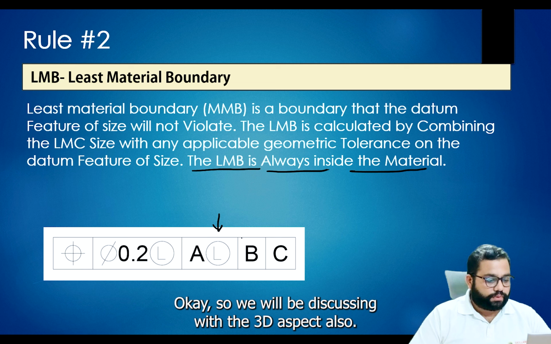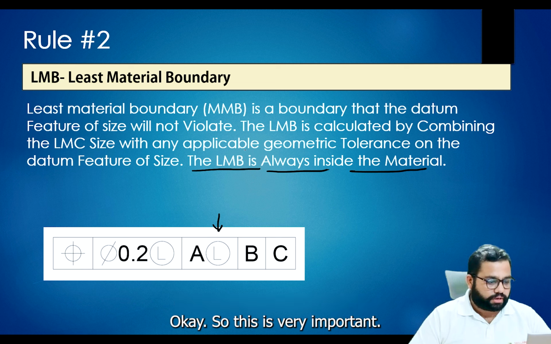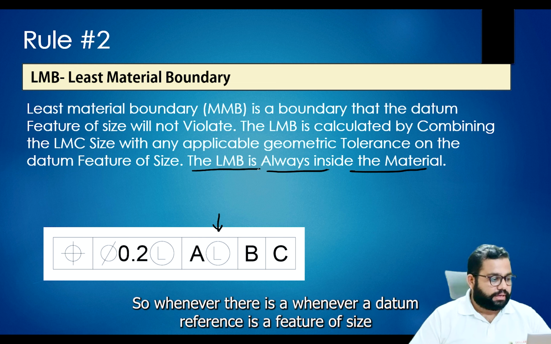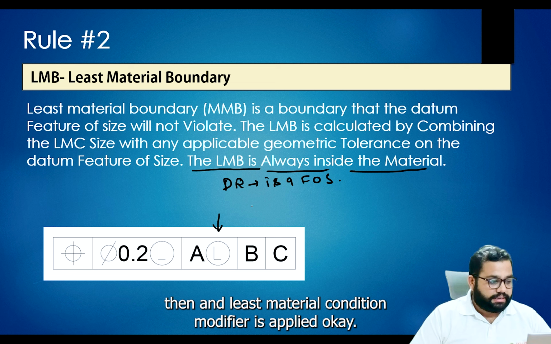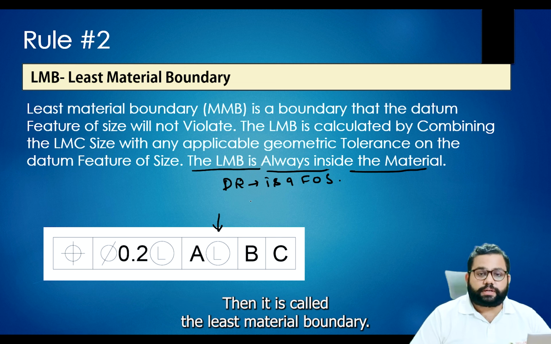Okay. So we will be discussing the 3D aspect also. Okay. So this is very important. So whenever a datum reference is a feature of size and the least material condition modifier is applied, then it is called the least material boundary.